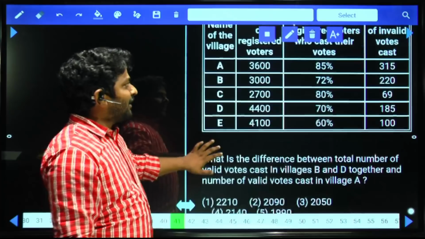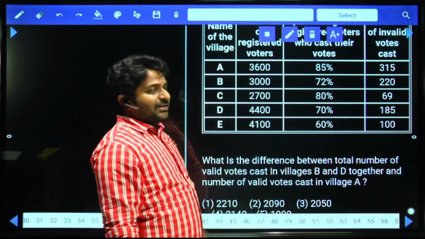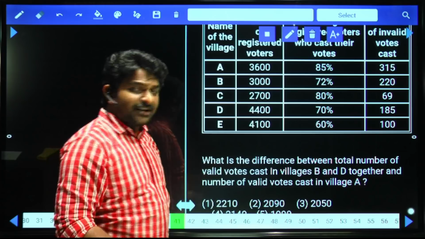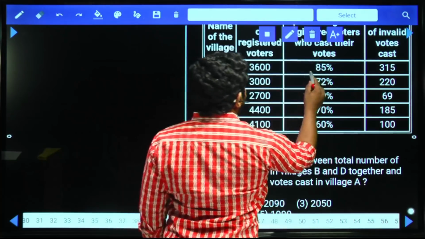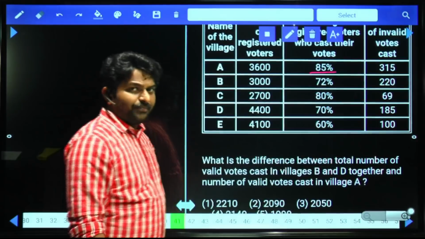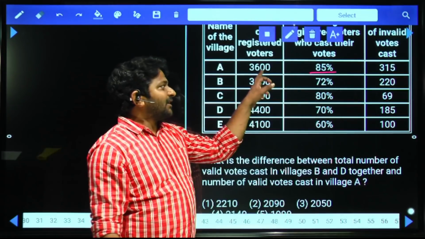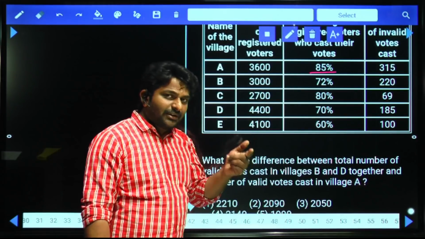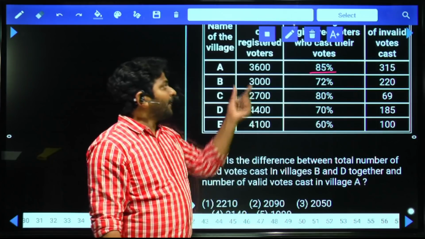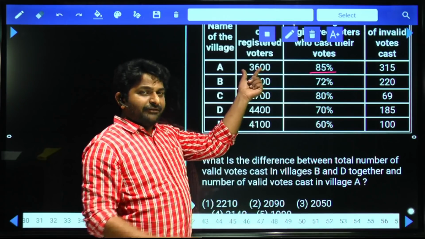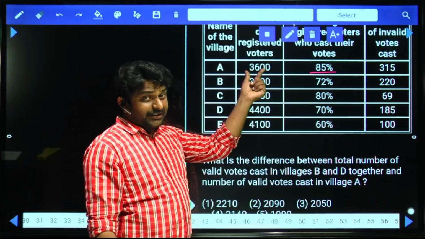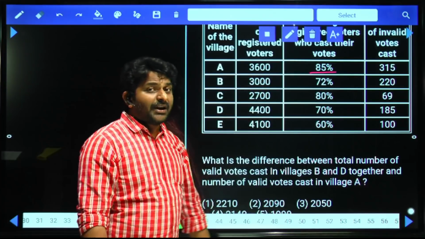Okay, now let's see. In village A, 3,600 voters are there, out of which only 85% have cast their vote. So we need to calculate 85%. Getting 85% is equal to subtracting 15%. 10% is 360. 5% is half of that, that is 180. 360, 180, 540.